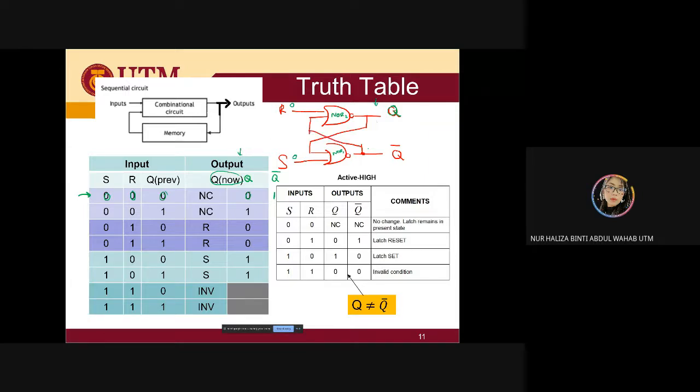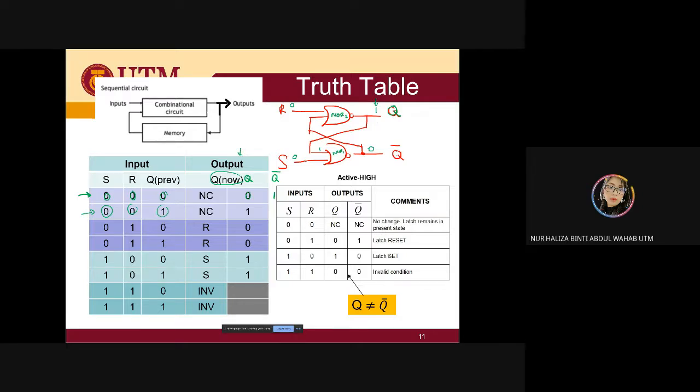Scenario number 2. You have the similar input 0 and 0. But now, your previous Q is 1. 0 and 0. Our previous Q is 1, which is the initial value of Q. This one, I'm going to go down to feed in. 1 and 0, I will get 0 here.